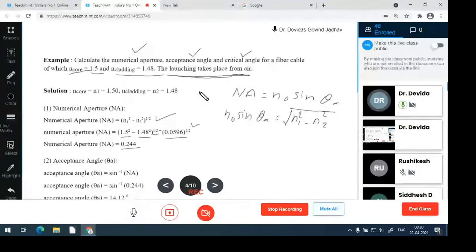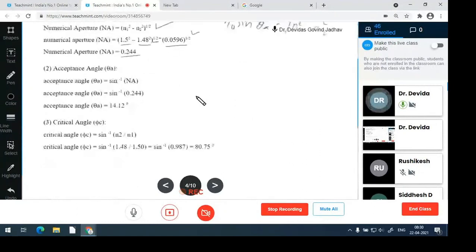So if you substitute N0 as 1, Na equals sine theta. So acceptance angle theta is sine inverse Na. Substitute Na as 0.244; sine inverse of 0.244 is 14.12 degrees. So this is the acceptance angle.